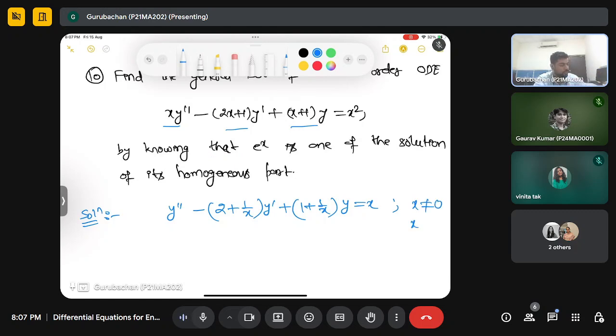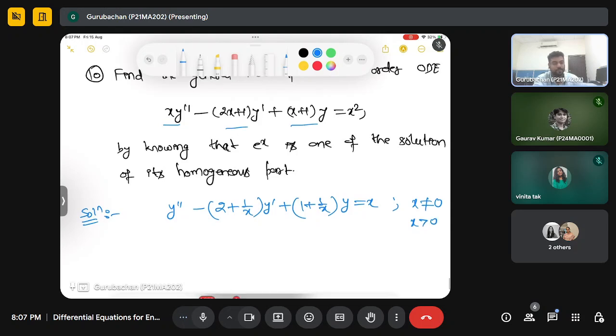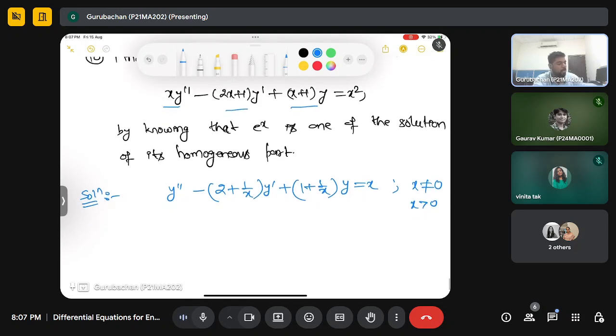For the safer side, I'm taking the positive domain. So from here, you know that your p(x) is minus 2 plus 1 by x, your q(x) is 1 plus 1 by x, and your f(x) is x.